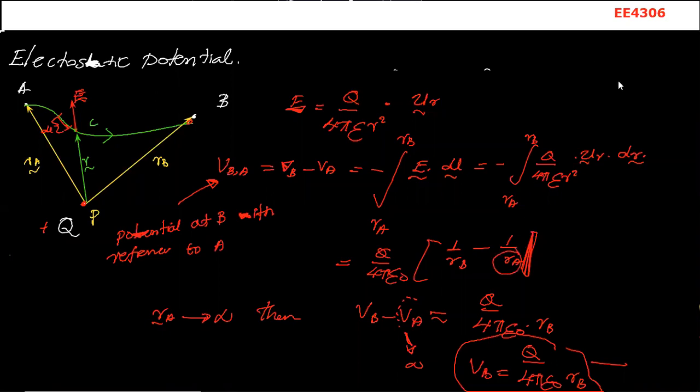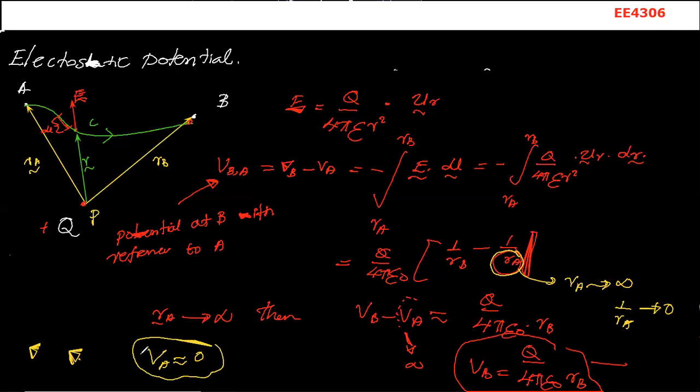If your chosen point is located at infinity with respect to point B, then this RA goes to infinity. When this RA goes to infinity, this 1 over RA goes to 0. Therefore, we assume the potential at point A, VA, equal to almost zero.